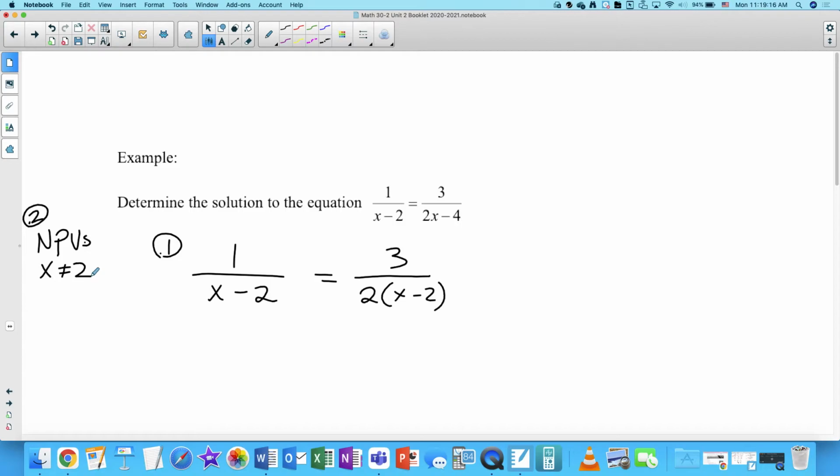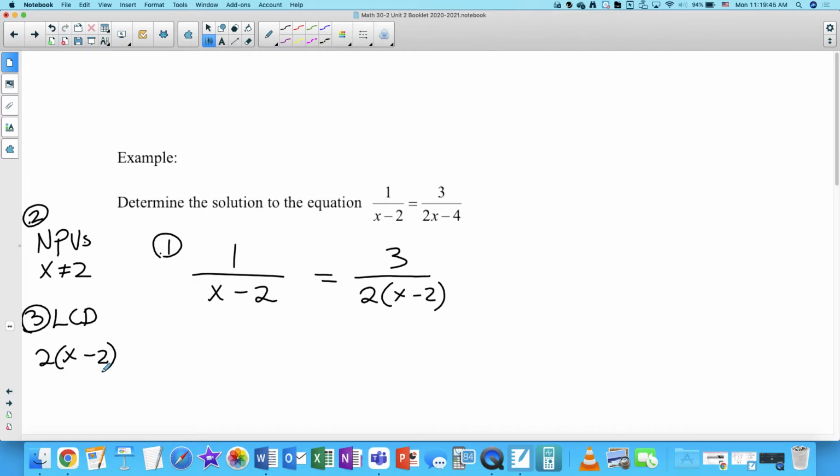Step 3, what's my LCD? What is the least common denominator between those two? 2 times x minus 2. Yes. Remember with your LCD, you have to see all of the factors from each denominator, but you don't want to repeat them if you don't have to.